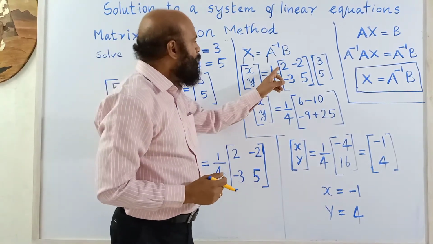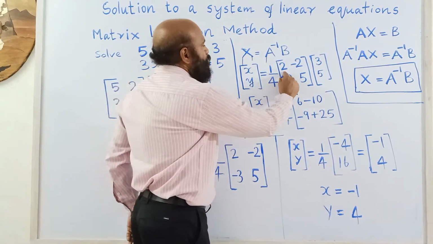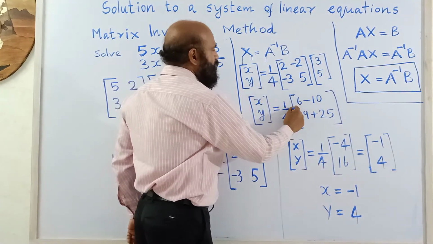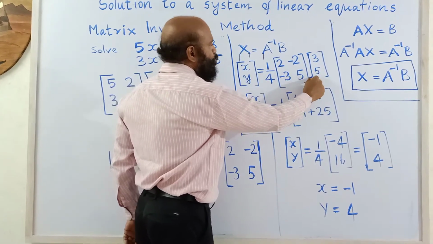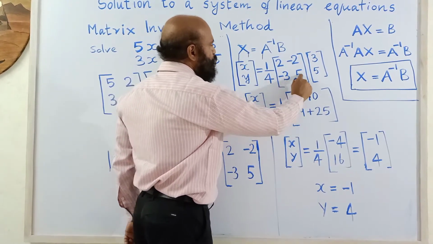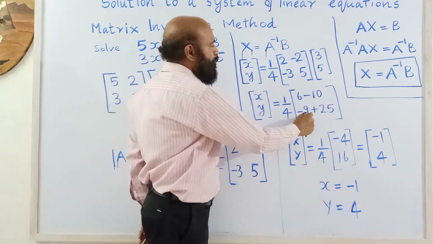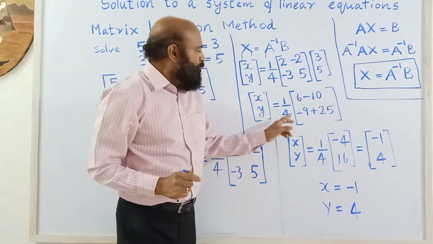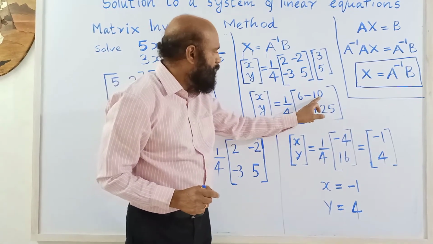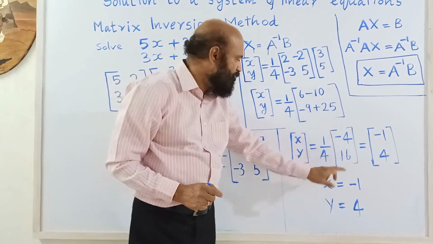So now you multiply this matrix. 2 into 3, 6, minus 2 into 5, minus 10. Then this with this: minus 3 into 3, minus 9, plus 5 into 5, 25. So now 6 minus 10 is minus 4, minus 9 plus 25 is 16.